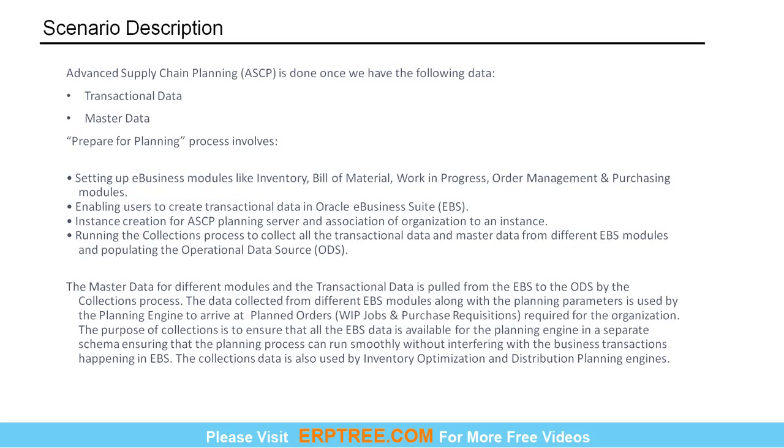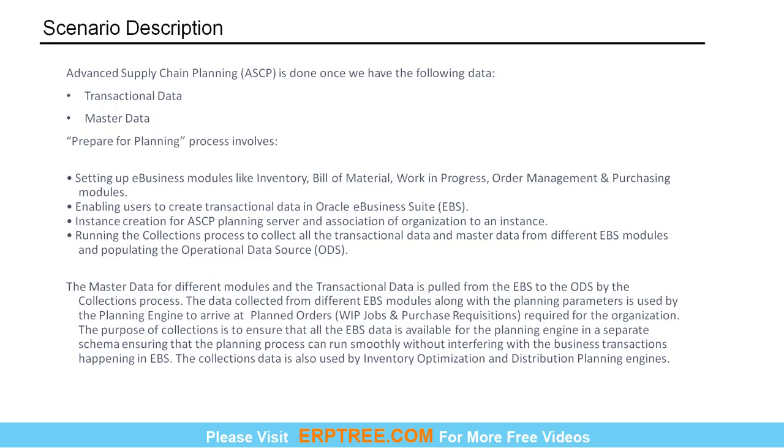So ASCP collects all the data, the master data as well as the transactional data, because ASCP has to deal with the transactional data on a day-to-day basis. But if the master data has changed overnight, it has to know what has changed and whether to bring those data into ASCP, see the transactions and propose something.